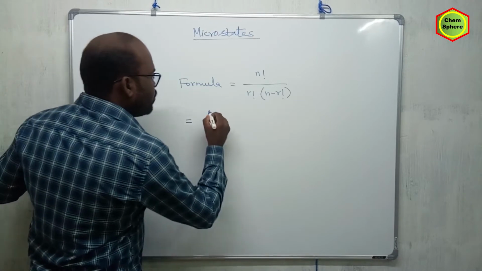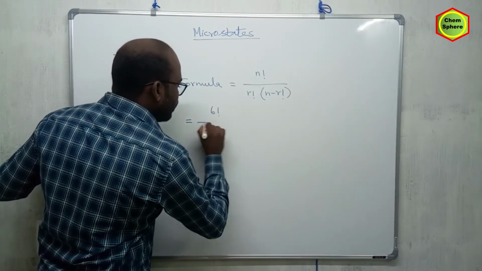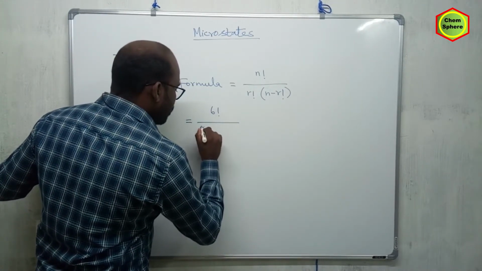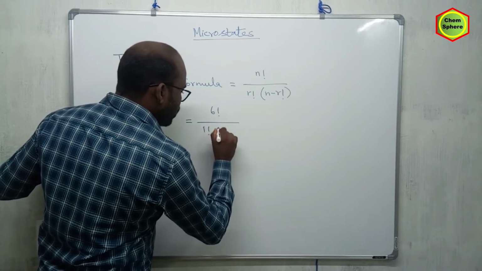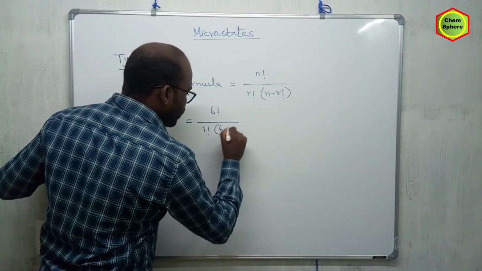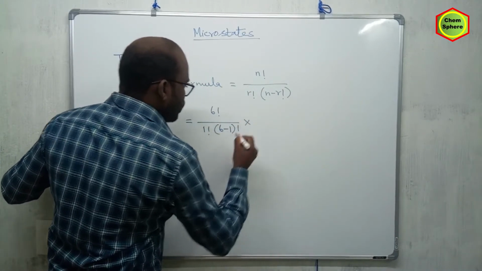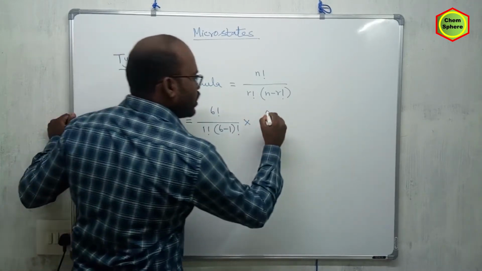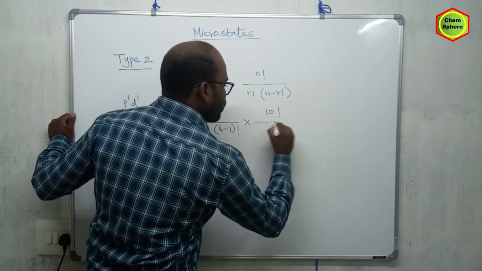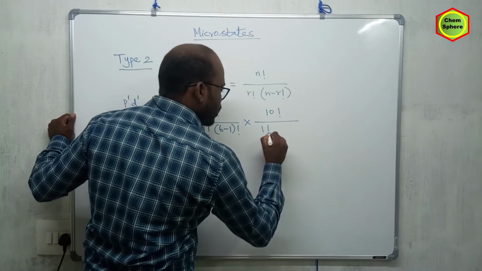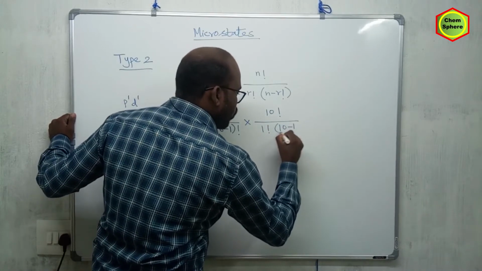p means 6 factorial divided by 1 factorial into 6 minus 1 factorial, into d means 10 factorial divided by 1 electron, that is 1 factorial, 10 minus 1 factorial.